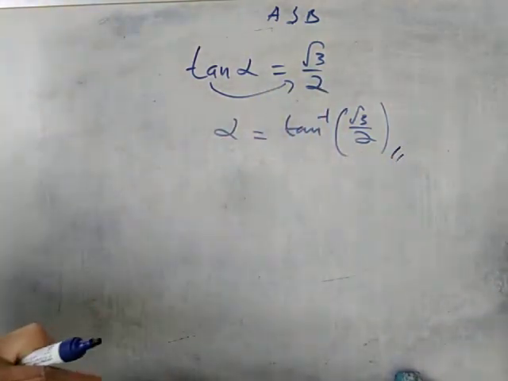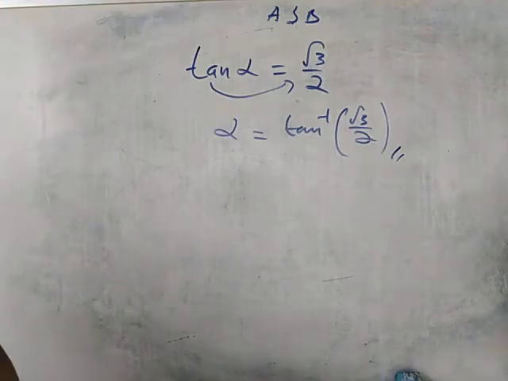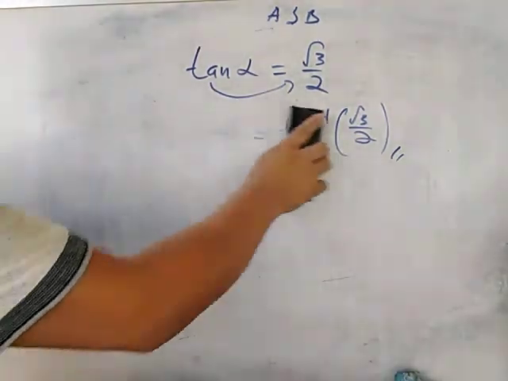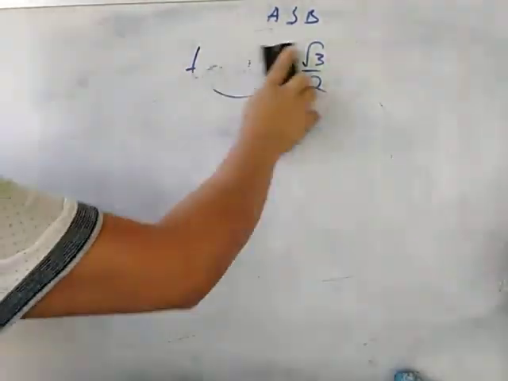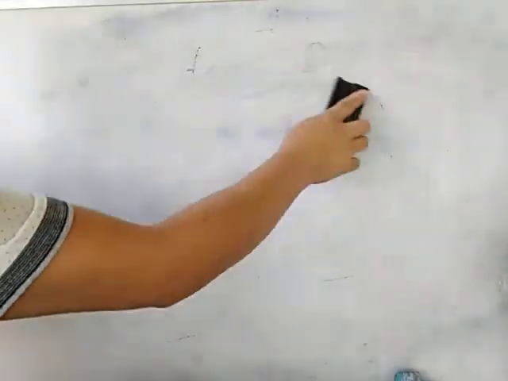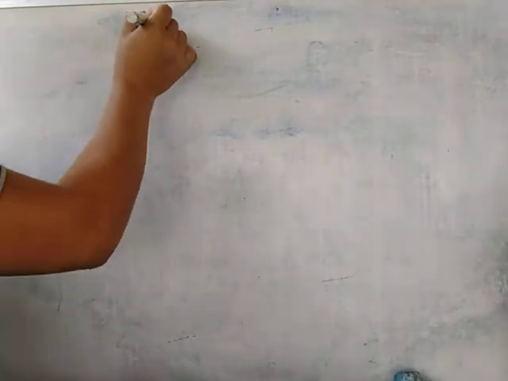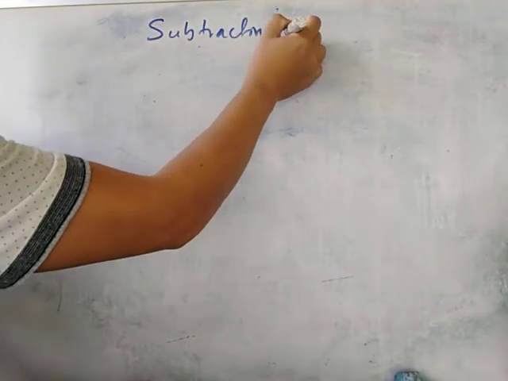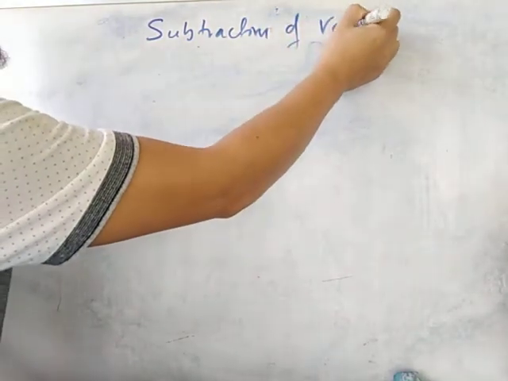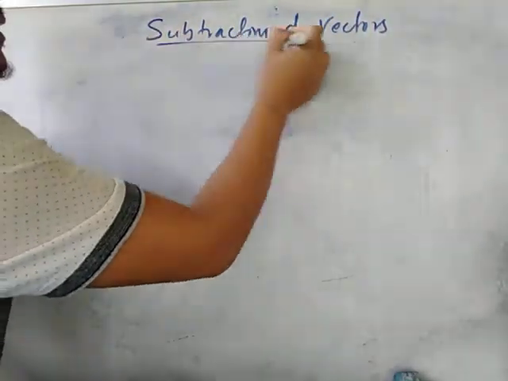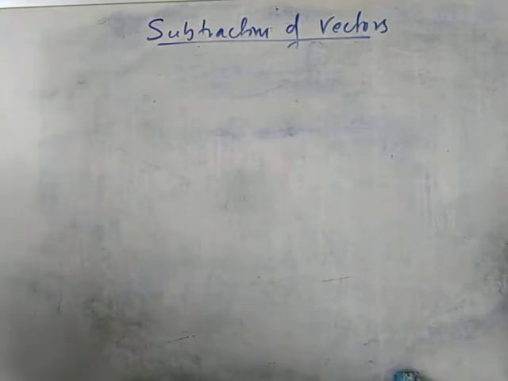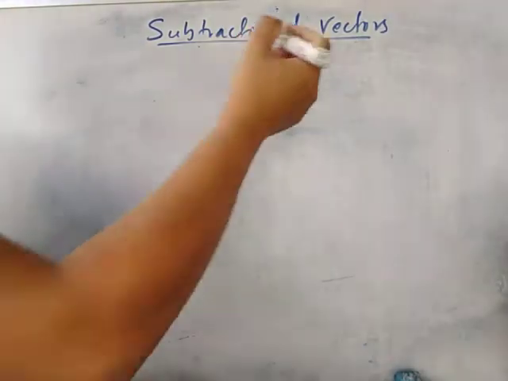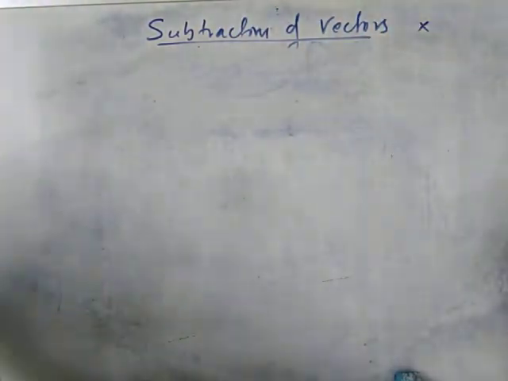Today we'll start with subtraction of vectors. Write down subtraction of vectors. Actually subtraction of vectors doesn't exist as such.